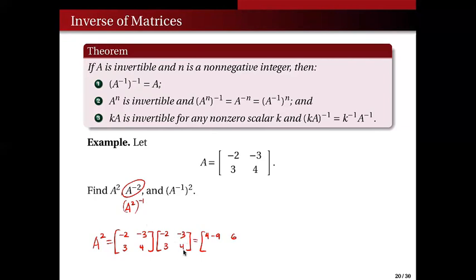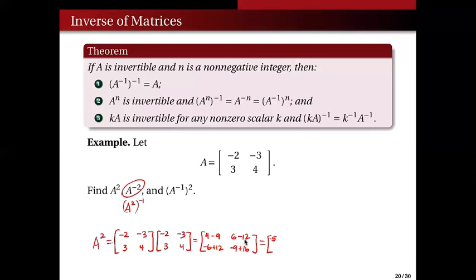Negative 3 times 4, that's minus 12. 3 times negative 2, that's minus 6. 4 times 3, that's 12, so plus 12. 3 times negative 3, that's negative 9. 4 times 4, that's positive 16, so plus 16. So 4 minus 9, sorry, that's negative 5.